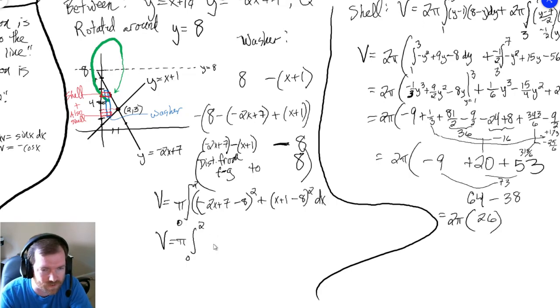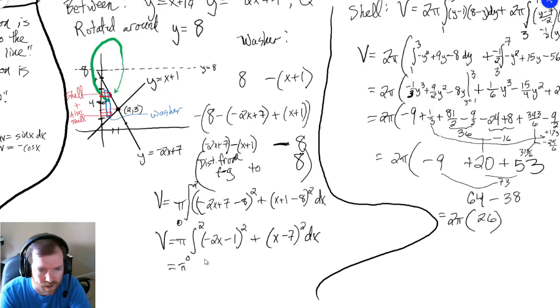All right, so x is going from 0 to 2. This is going to be parentheses negative 2x minus 1 plus 7 minus 8 squared plus parentheses x plus 1 minus 8 is negative 7 squared dx. All right, let's try that.